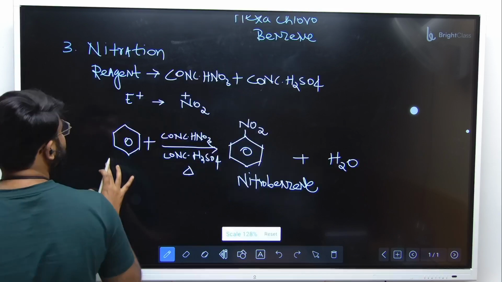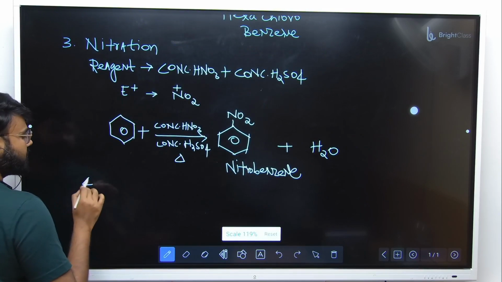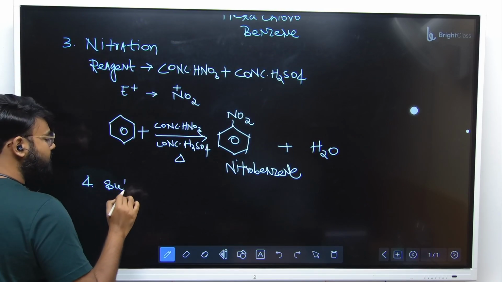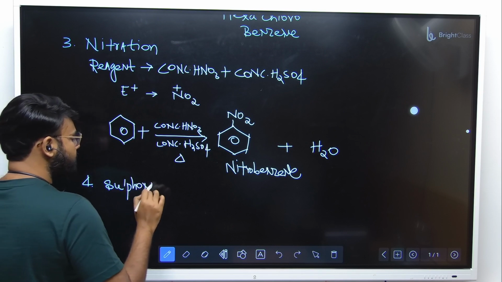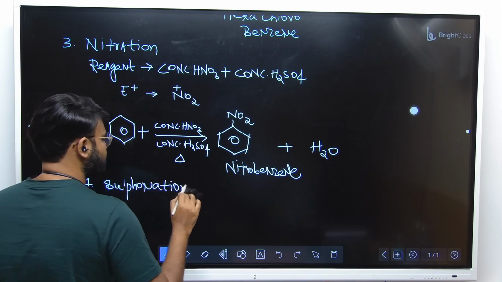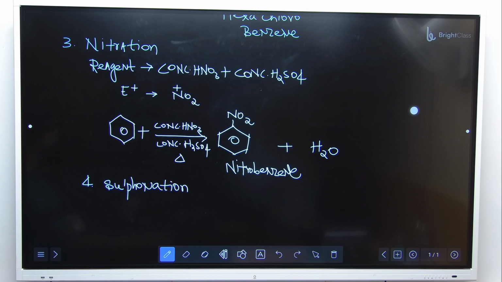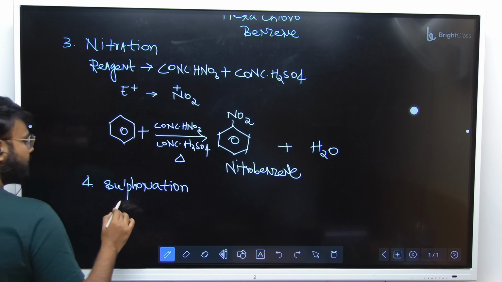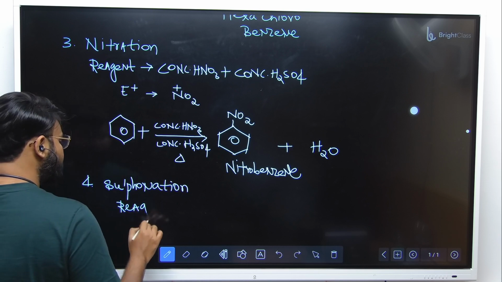Now write down the next reaction, fourth one, that is sulfonation. So guys, you will do sulfonation. Write down the reagent you are using.